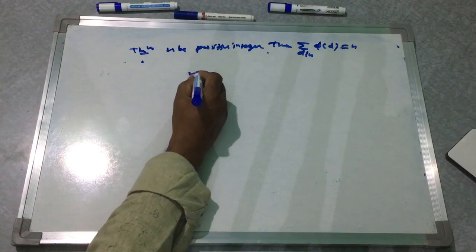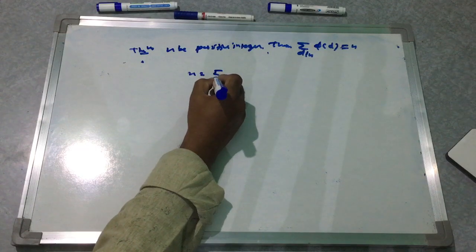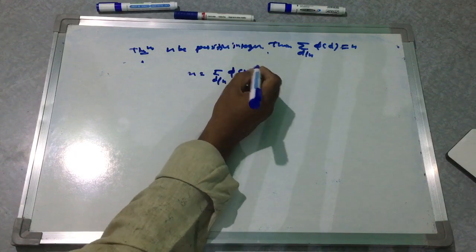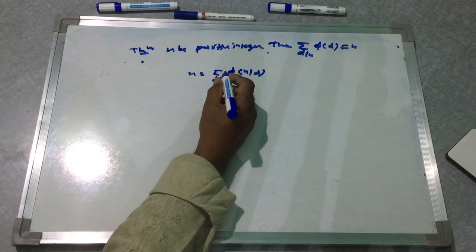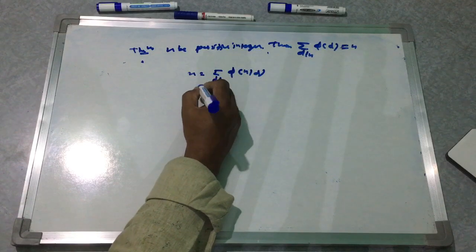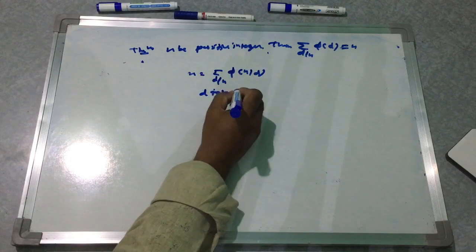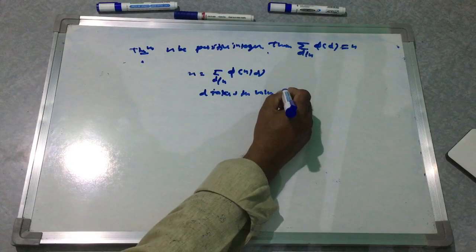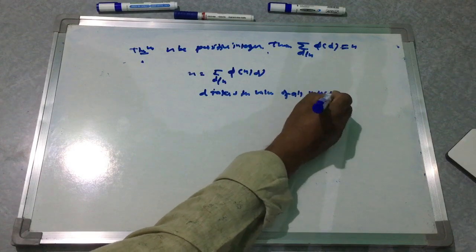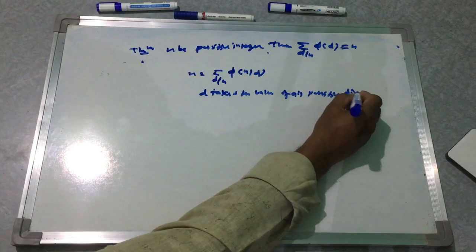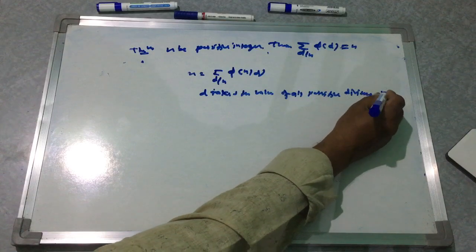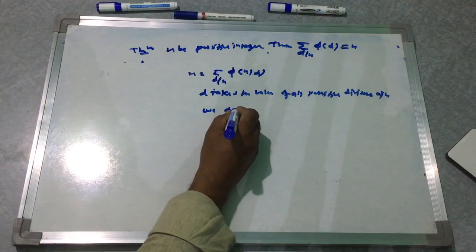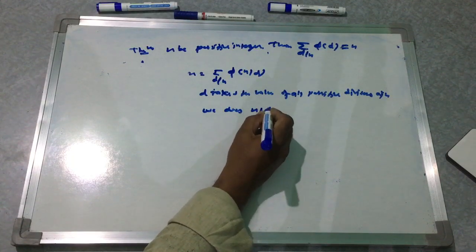So n is equal to the summation of phi of n/d. Now as d takes the values of all positive divisors of n, so does n/d.